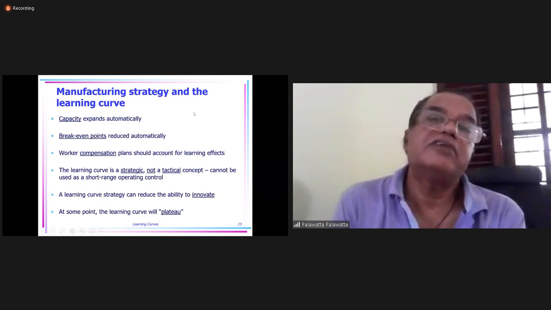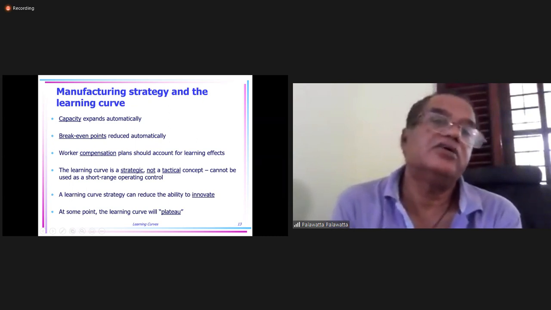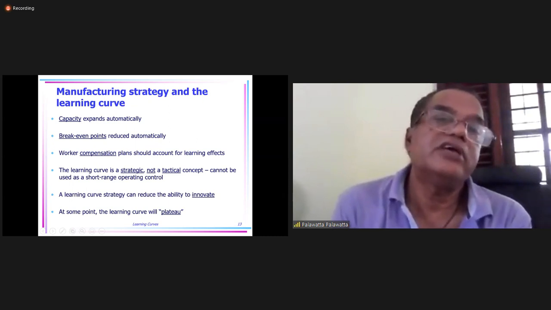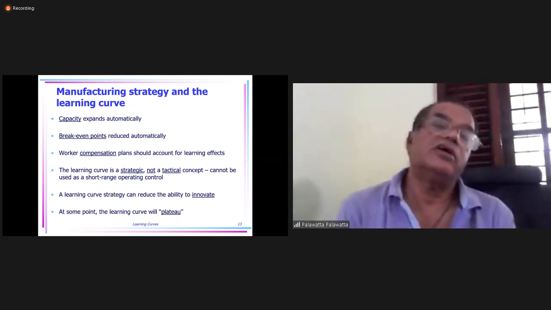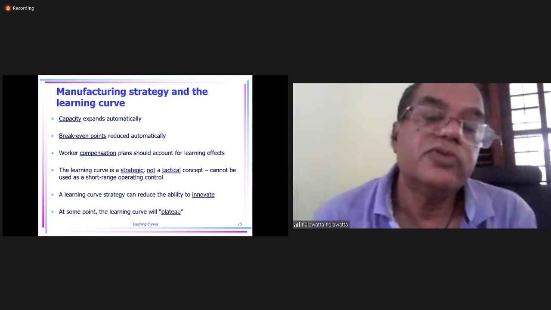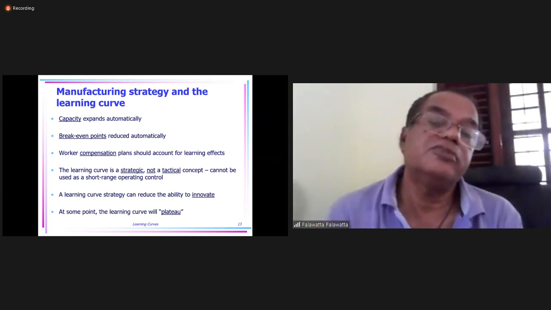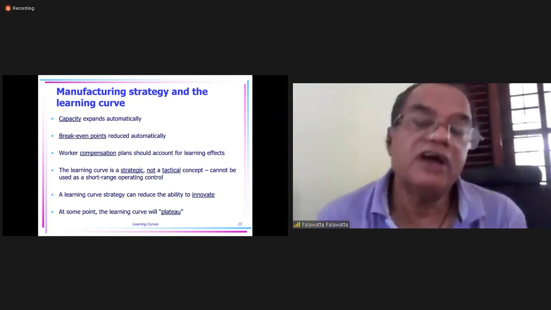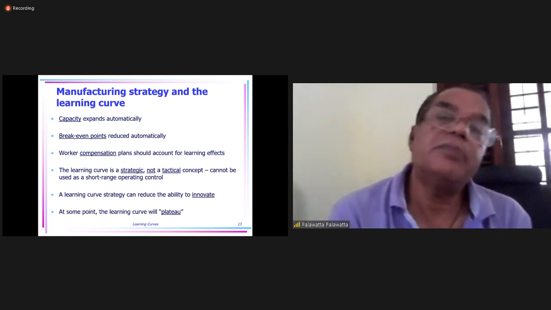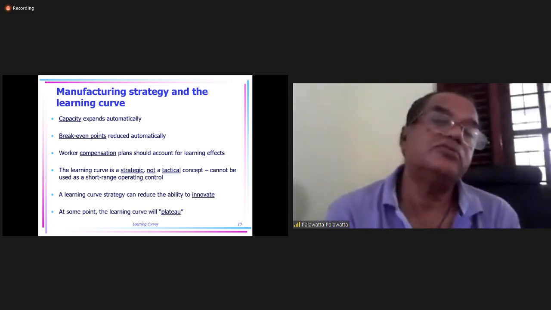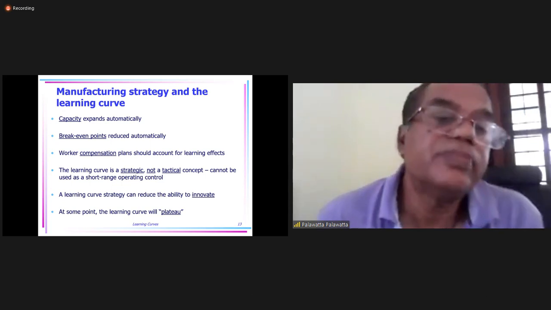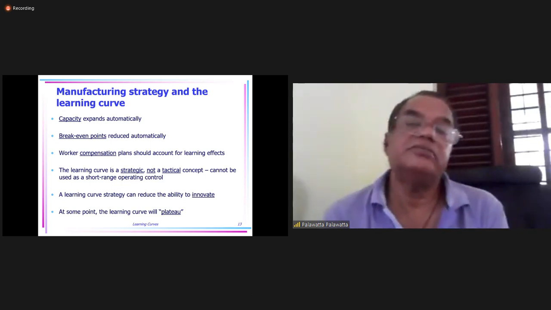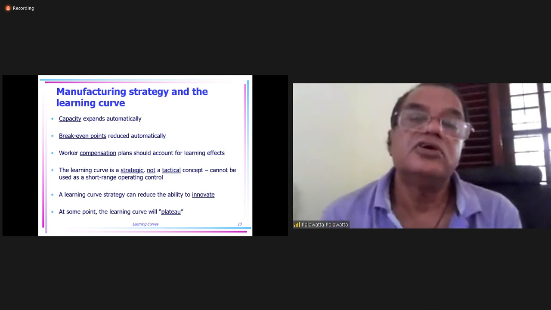And then manufacturing strategy and the learning curve: capacity expands automatically. When the workers perform faster, our production capacity expands automatically. Break-even points are reduced automatically. Worker compensation plans should account for learning effects.